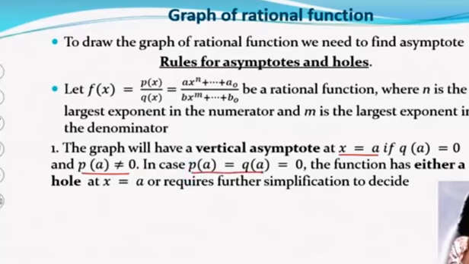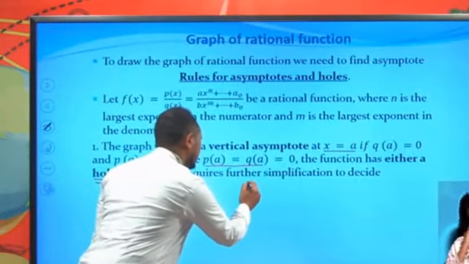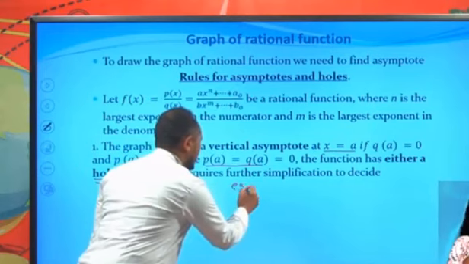Now let's see this one: x minus 1 over x minus 1 squared. In this case, x equals 1 makes both the numerator and denominator 0, but this can be further simplified.